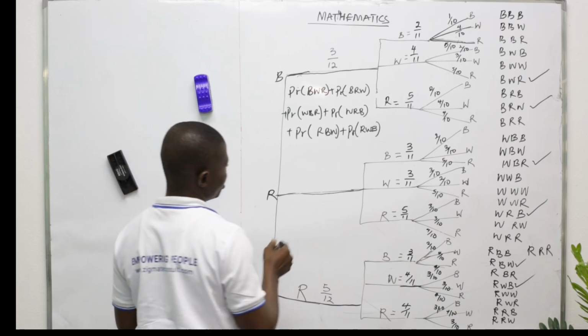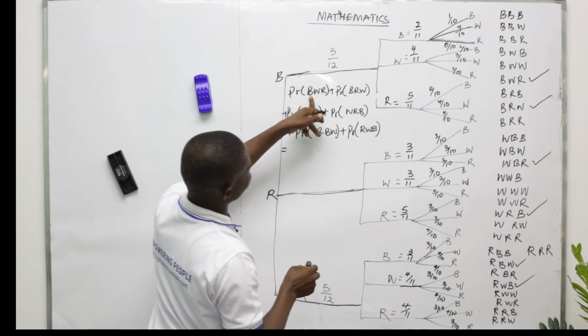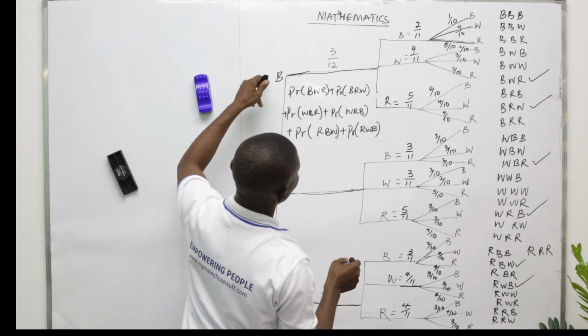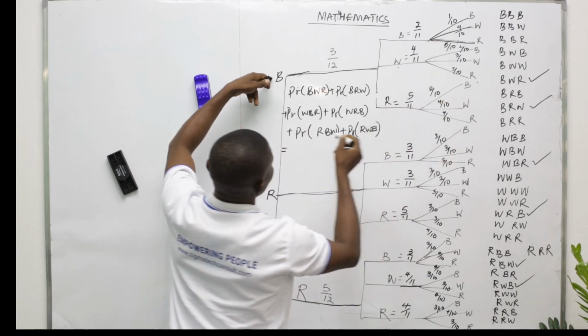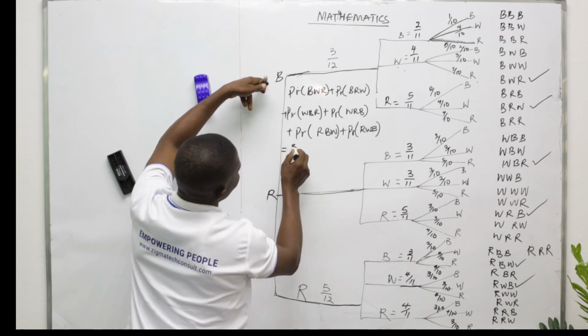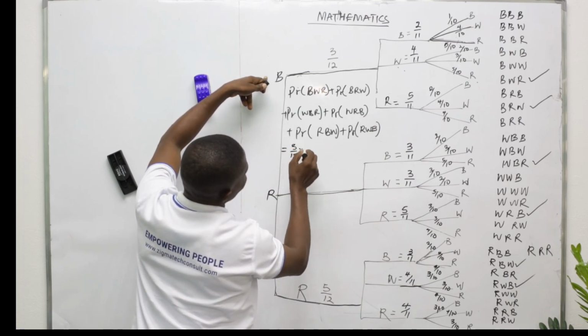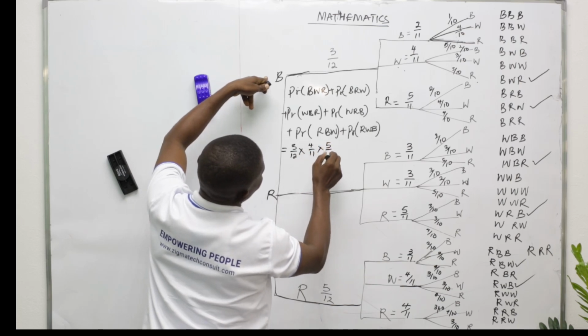So, to detail the answer here, black, white, red. That is 3 over 12 times 4 over 11 times 5 over 10.